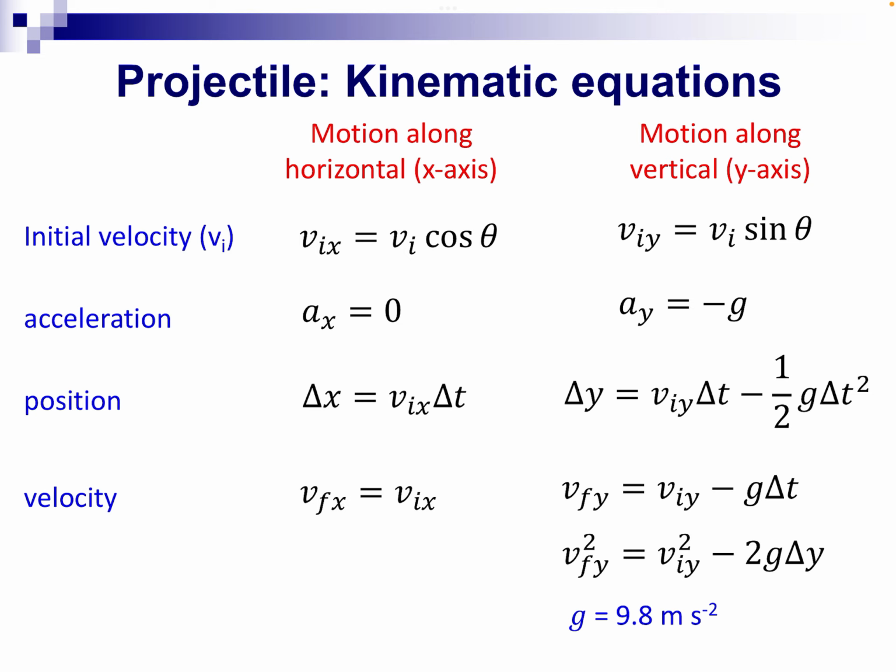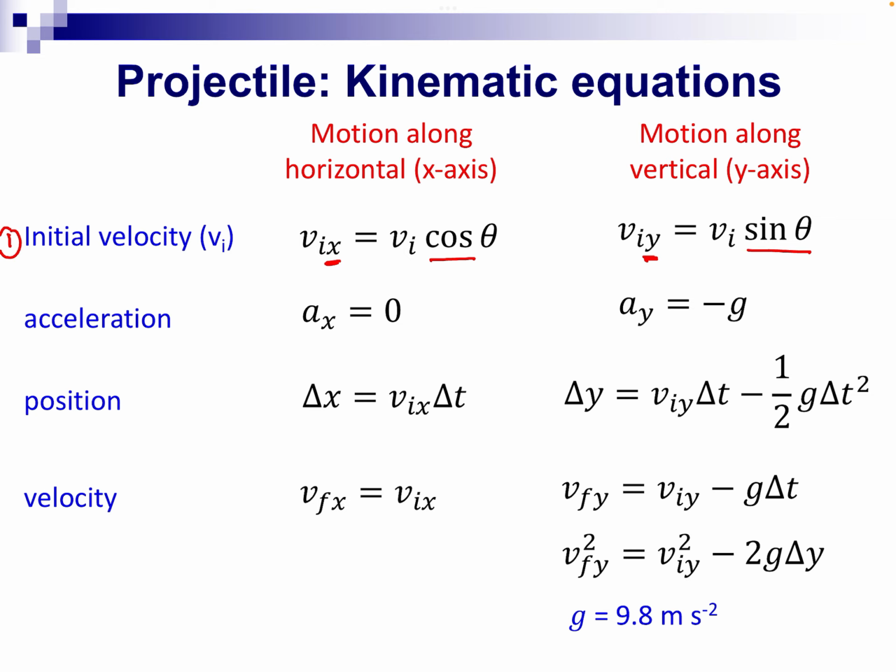Right? The very first crucial step to do is to separate the initial velocity into its x components and y components using trigonometry. Remember that the acceleration along the horizontal is always 0, while the acceleration along the vertical is always equal to negative g.